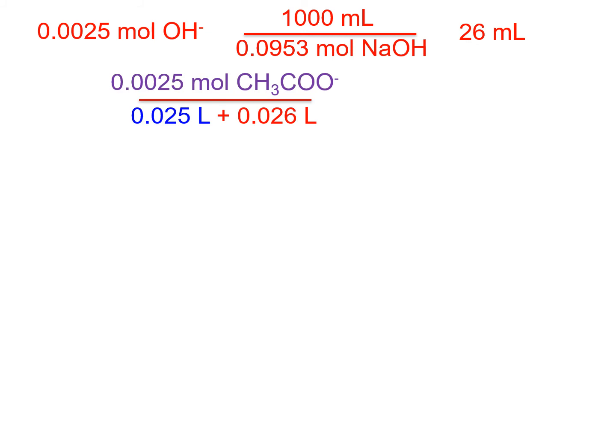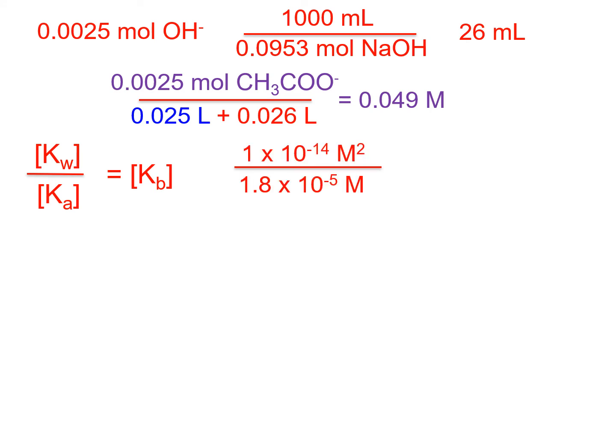So I also know that since I have the same number of moles of my conjugate base as I do of my hydroxide, I can get a new molarity. In addition, remember, this is a weak base, but the only information from the question I got was its Ka. So I'm going to need to use Kw to get to my Kb. So I know what the Kb of my weak base is.